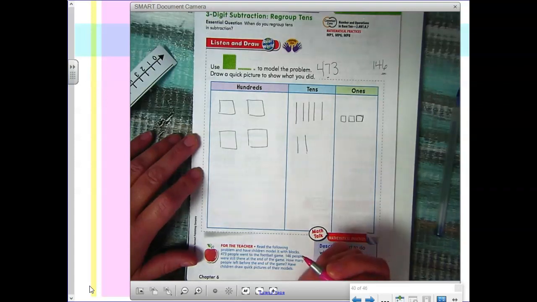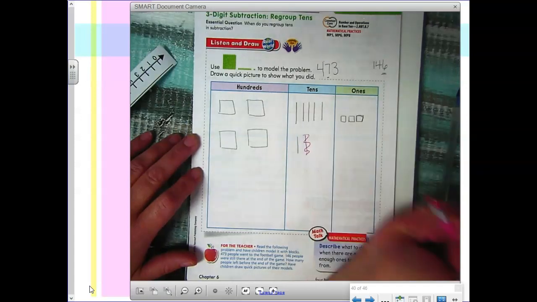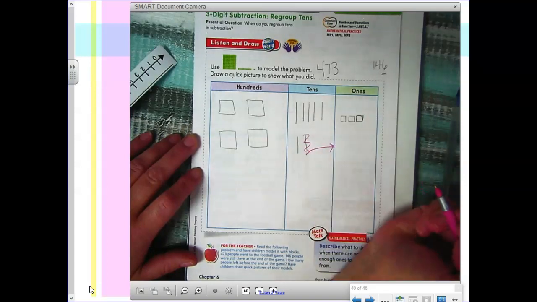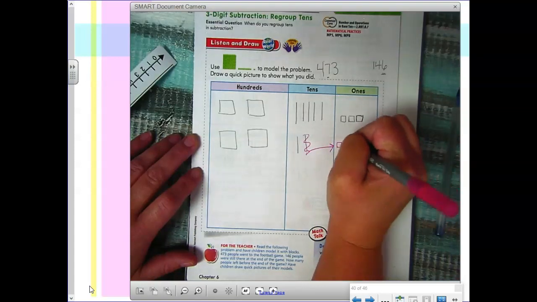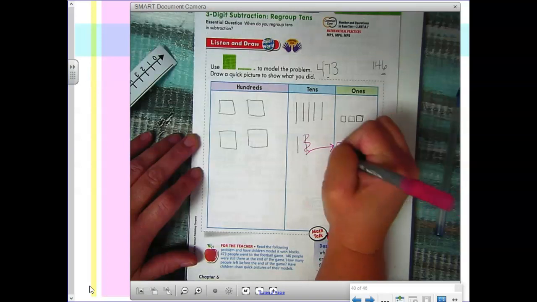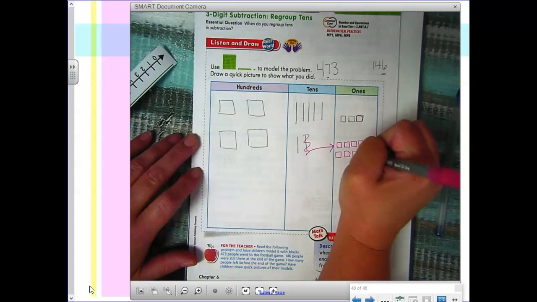No. So what do we need to do? Go next door and grab 10 more. So I grab a group of 10 and move it over, and I break it into 10 ones. 1, 2, 3, 4, 5, 6, 7, 8, 9, 10.